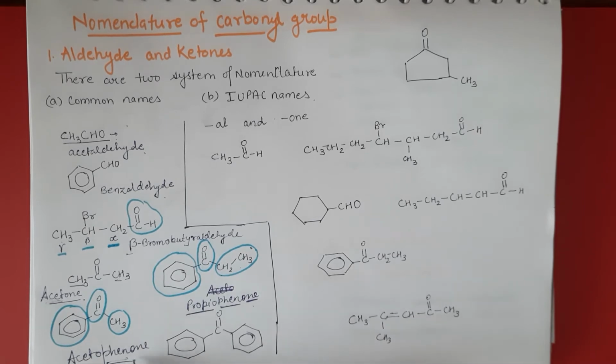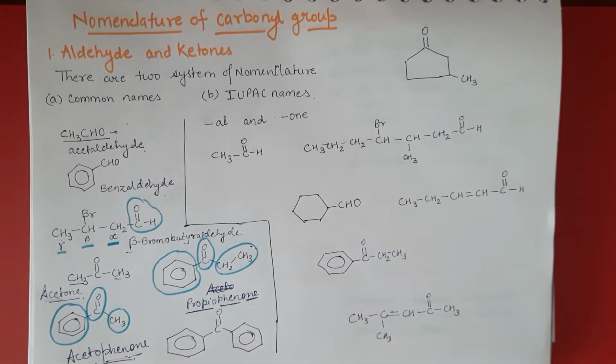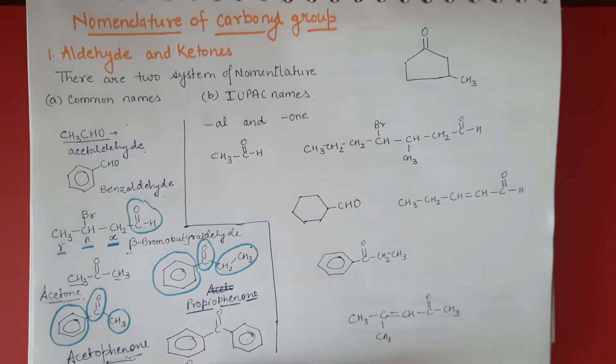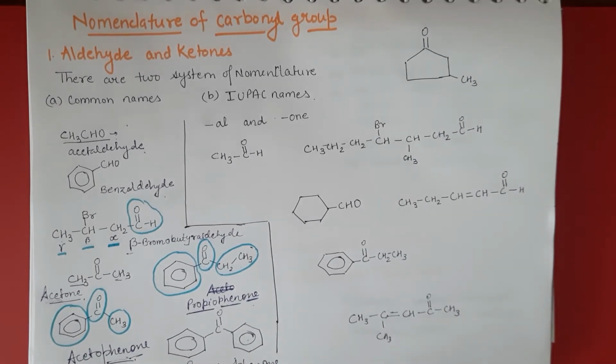Phen means phenyl ring, one is used for ketonic group. Okay, and here the last example, there are 2 benzene rings attached. So the name is benzophenone.